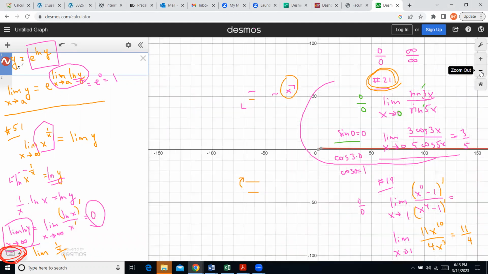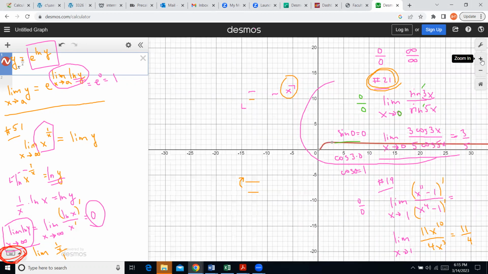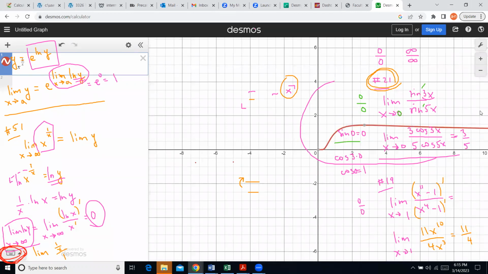Notice that if I zoom out, the graph keeps going kind of parallel to the x-axis, and notice that it's probably approaching 1. It's not obvious from the graph, but if you already know that the limit is 1, then definitely it's approaching 1 from the top, and that's indeed what we just found out. So the limit of y happens to be 1.